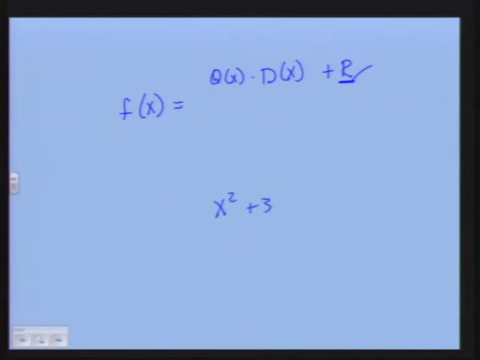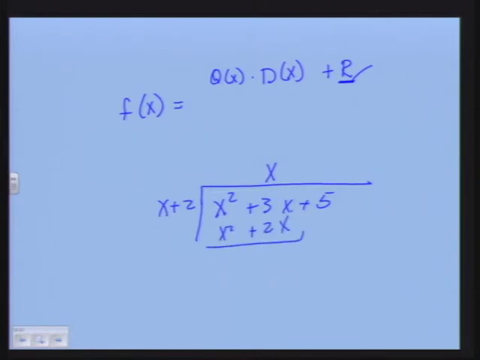X squared plus 3x plus 5. And we're going to do long division to convince you. We're going to divide by x plus 2. So x times x squared gives me x squared plus 2x. Draw a line, change signs and add, and I have x plus 5 plus 1.